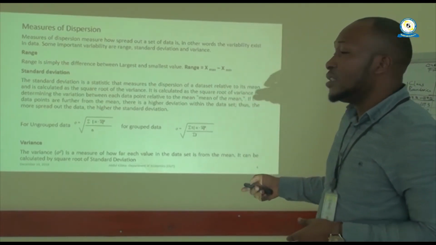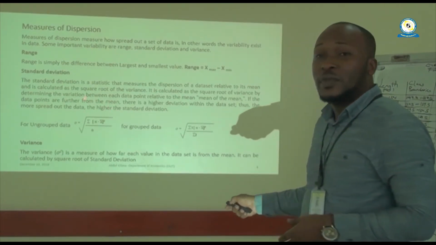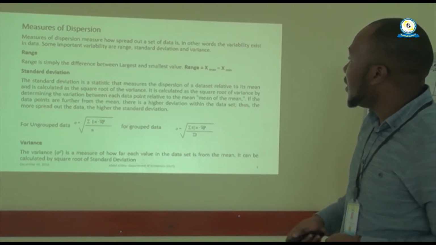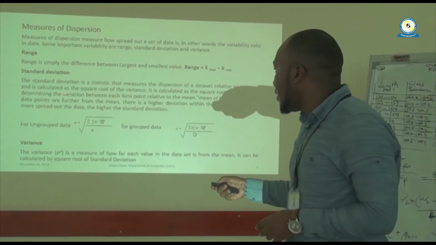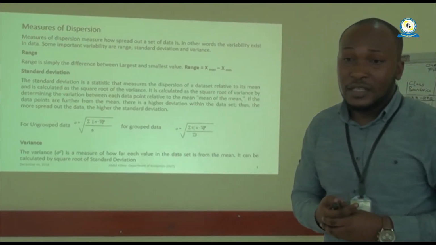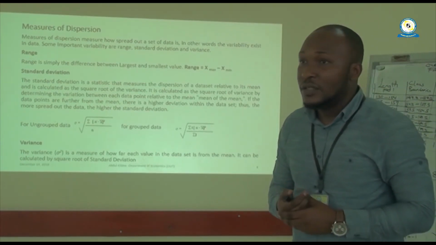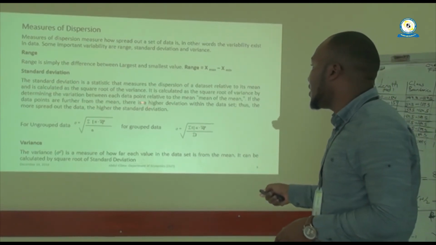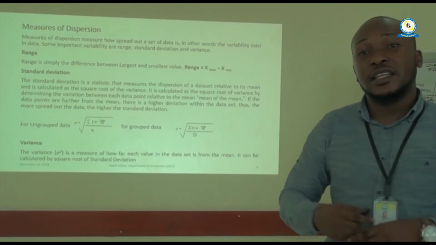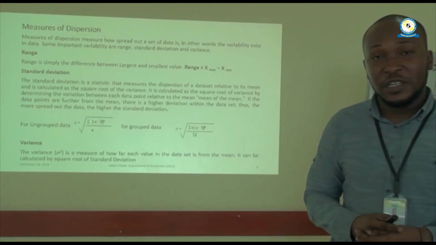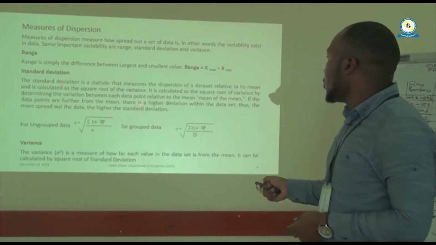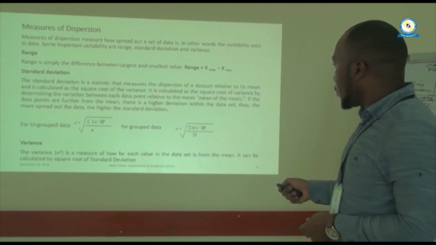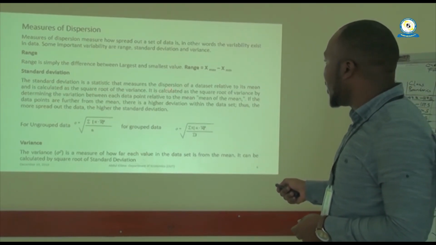Range is simply the largest value minus the smallest value, as you can see in the range formula there. Then we have the standard deviation. Now we have the mean, but we want to know how that mean varies across.